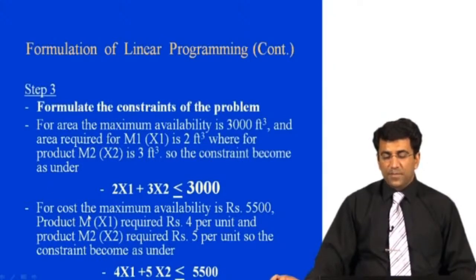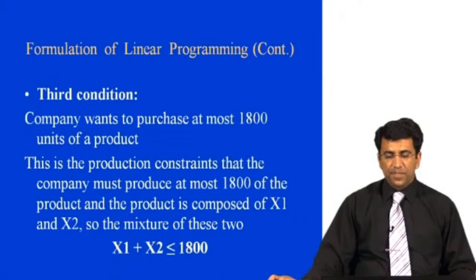Similarly, for the cost, the maximum availability is ₹5500. Product M1, x1, requires ₹4 per unit, and product M2, represented by x2, requires ₹5 per unit. So the constraint becomes 4x1 plus 5x2 less than or equal to 5500. So this is our second constraint, related to cost.